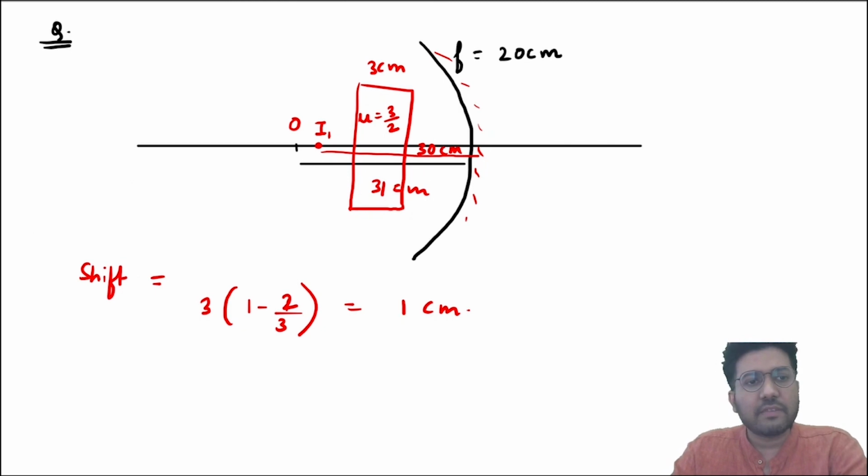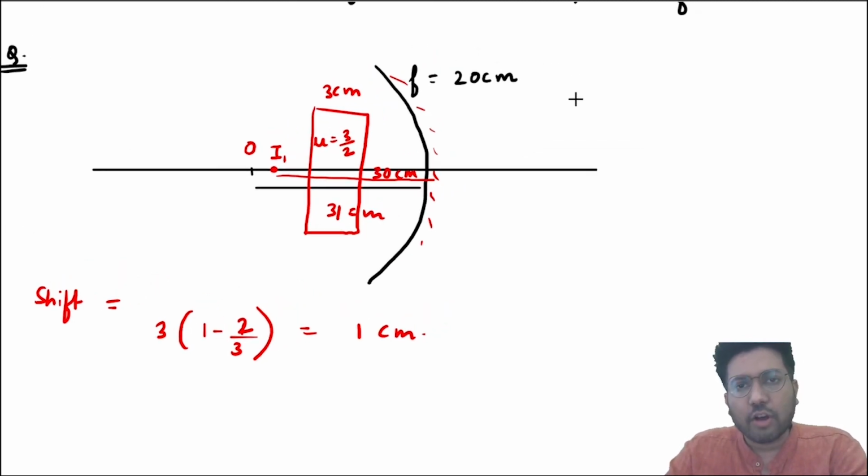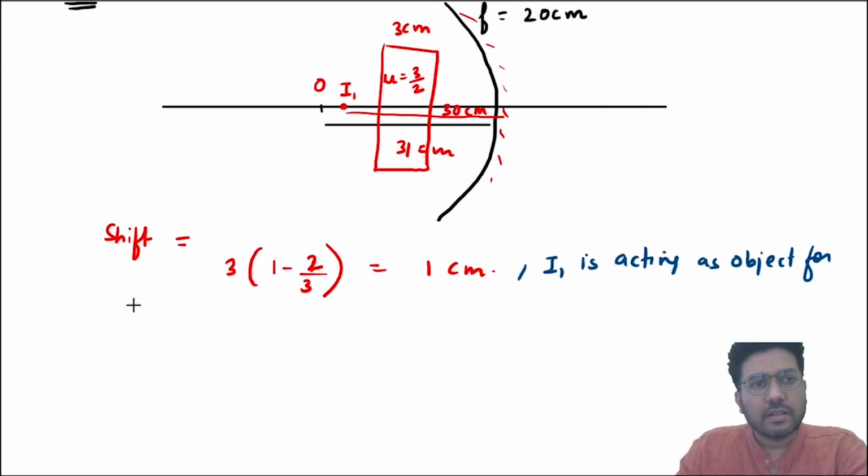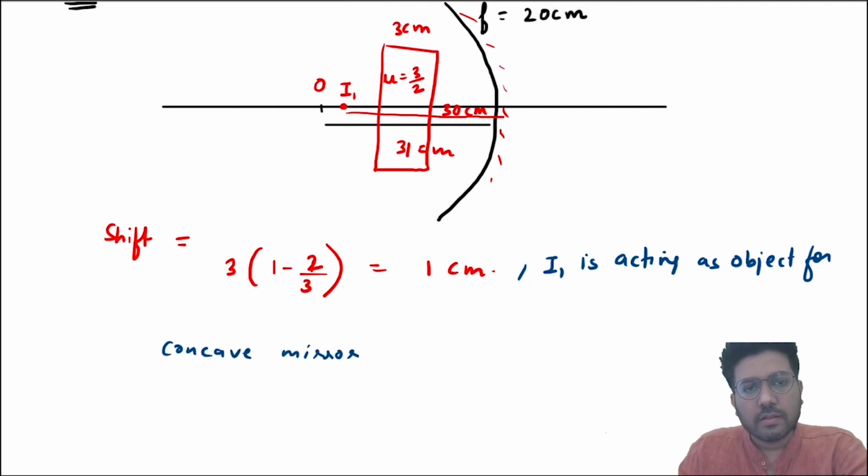Then I1 is acting as object for the concave mirror. That means the slab is laterally displacing the rays so that it seems that the ray of light to the mirror is coming from I1 and not from O. So I1 is acting as the object for the concave mirror.